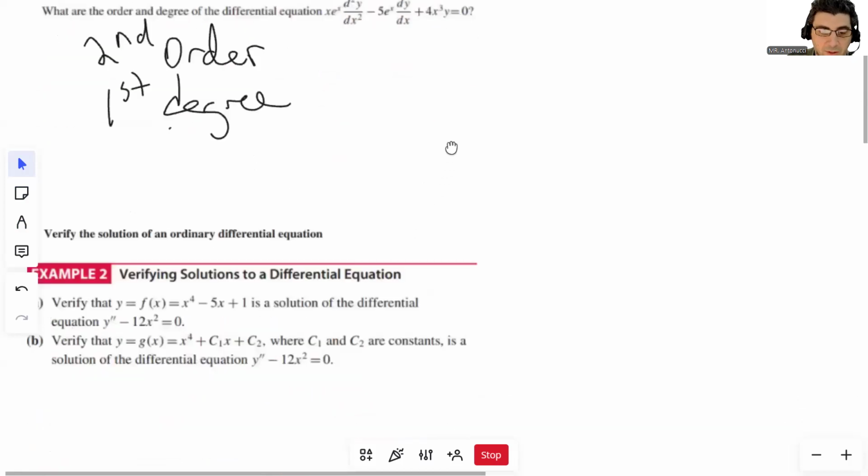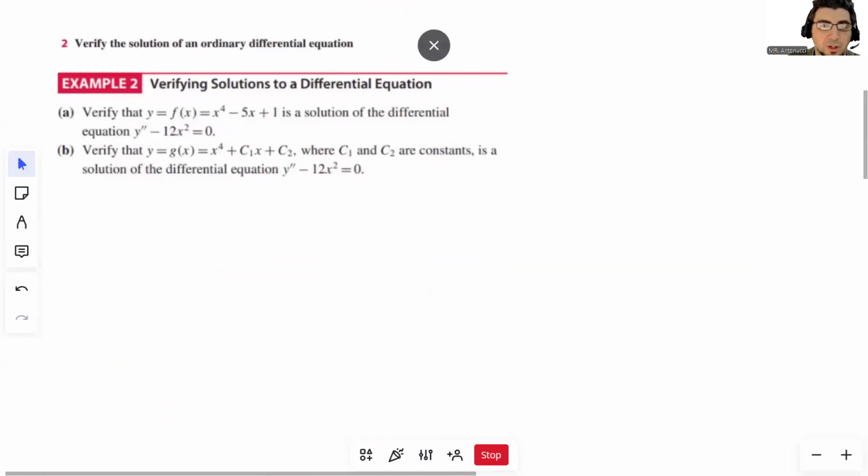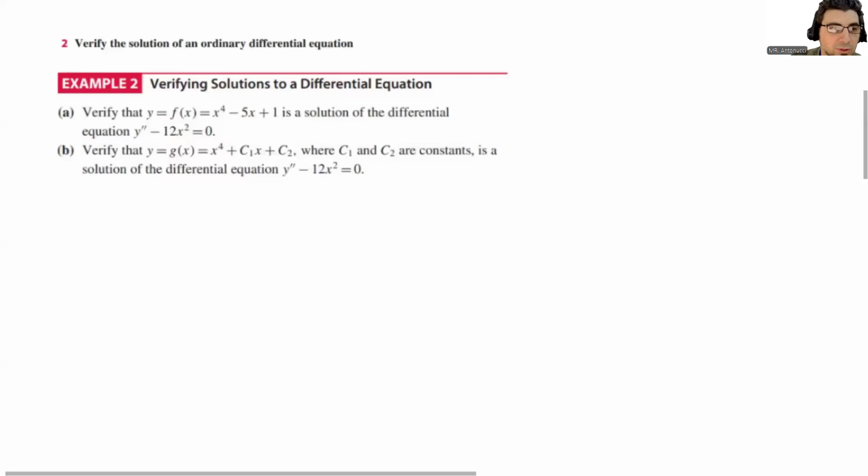All right, now the second thing we want to talk about is how to verify solutions for a differential equation. So in this one, we have a situation where we have to verify solutions. We want to verify that f of x equals x to the fourth minus 5x plus 1 is a solution to the differential equation y double prime minus 12x squared equals 0.